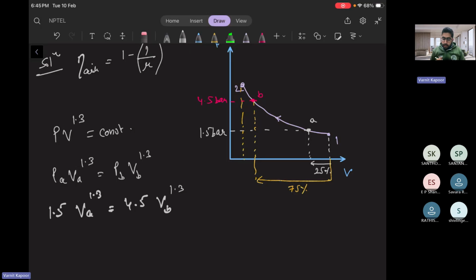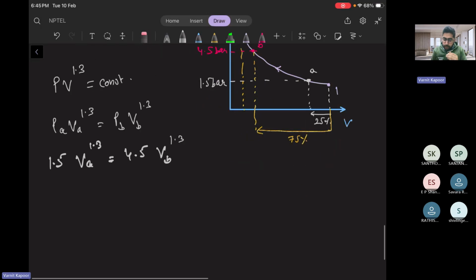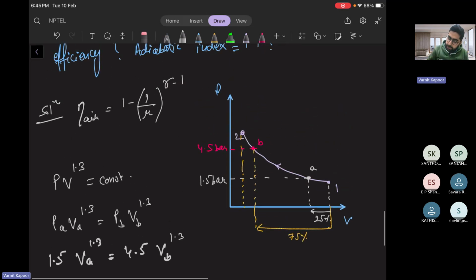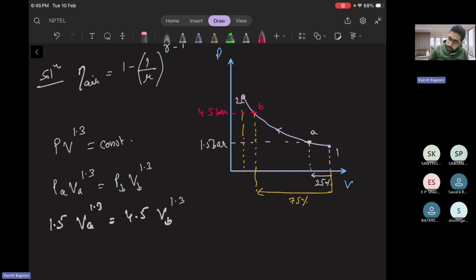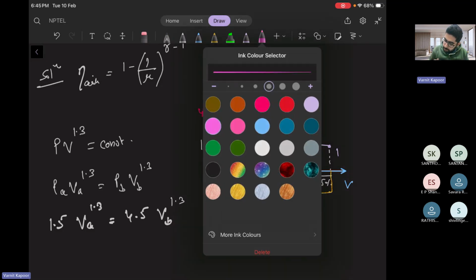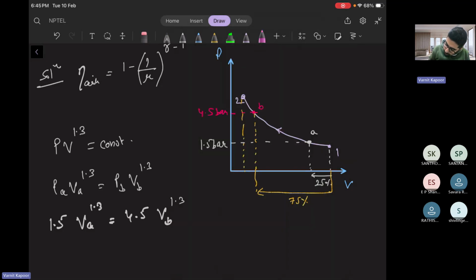Now, what will be volume at A in terms of swept volume and clearance volume? Let me use another color. So this whole from point 1 to point 2 is nothing but your swept volume, and the remaining is your clearance volume.